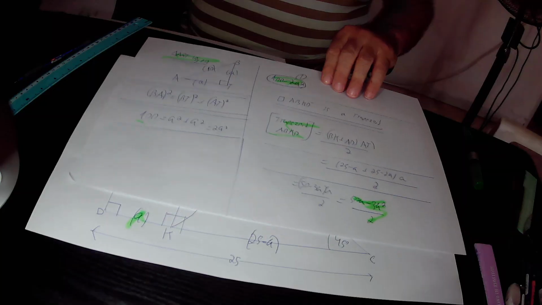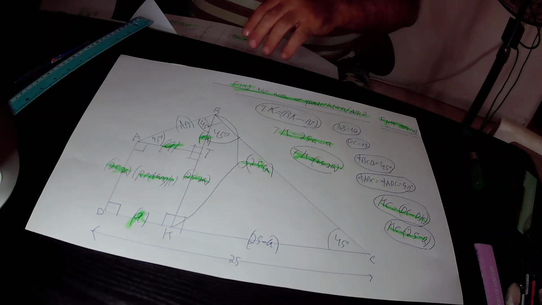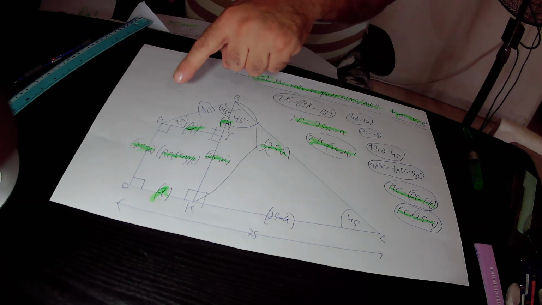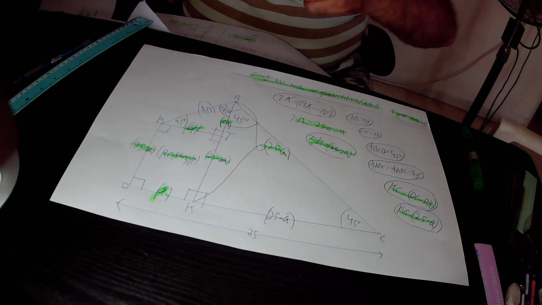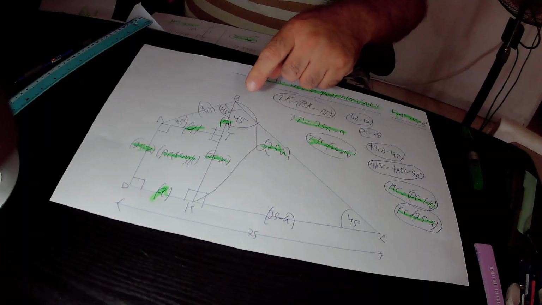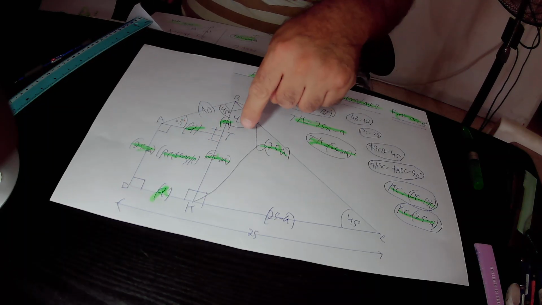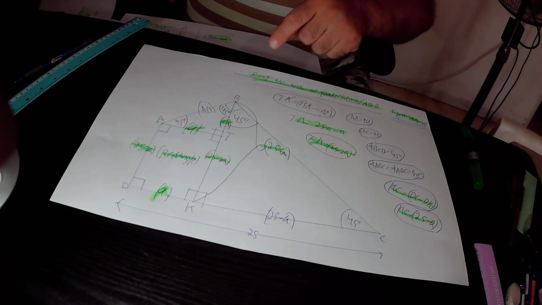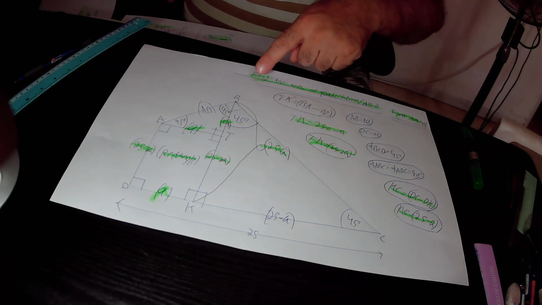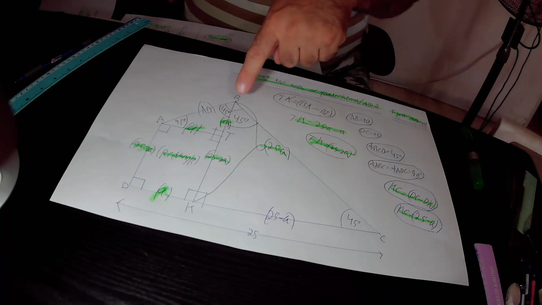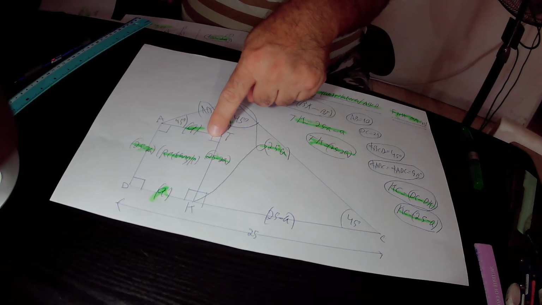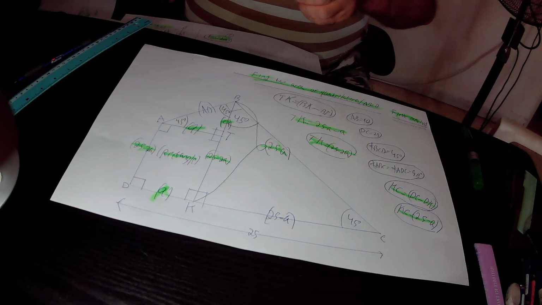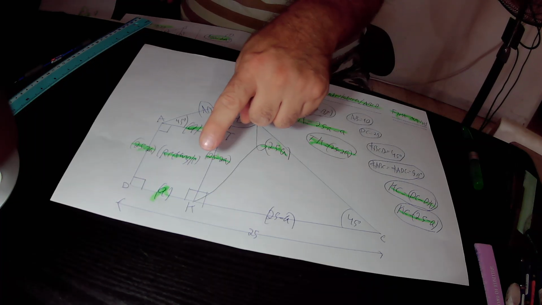In the next step, I prove that quadrilateral ABKD is a trapezoid. Why is quadrilateral ABKD a trapezoid? First of all, in rectangle ATKD, side TK is parallel to side AD. But TK is part of the straight line BK. Why is BK a straight line? Because this angle is 180 degrees, and any angle equal to 180 degrees must be a straight line. So BK is a straight line.